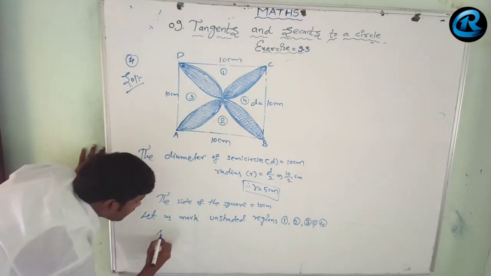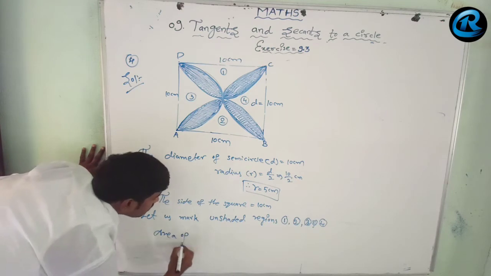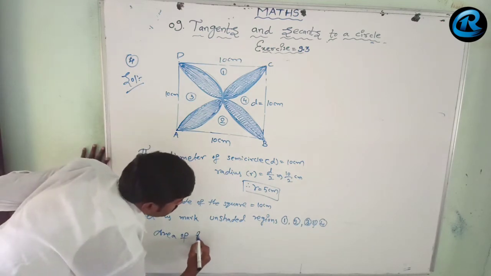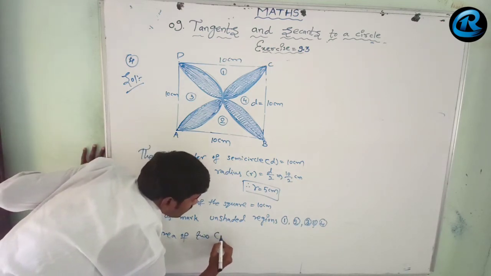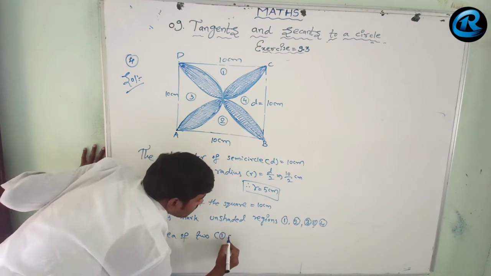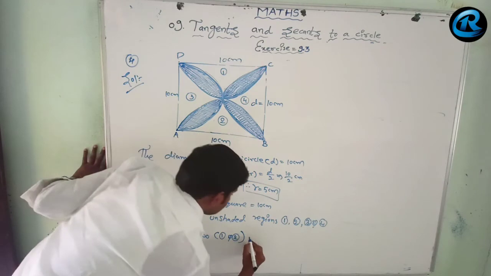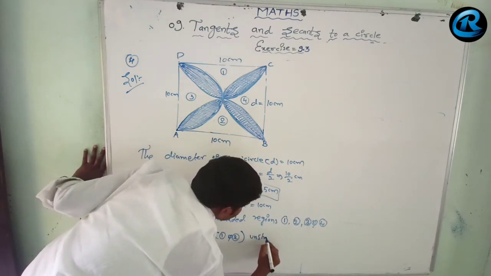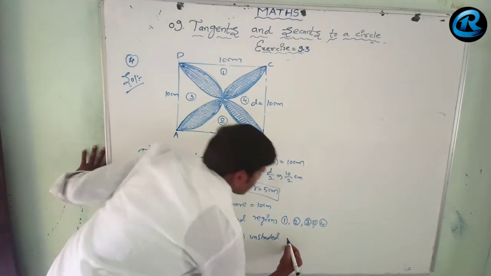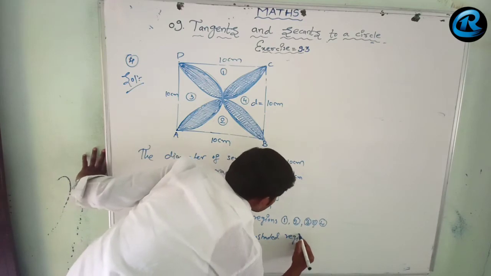The area of two, that is part 1 and part 2, unshaded region.